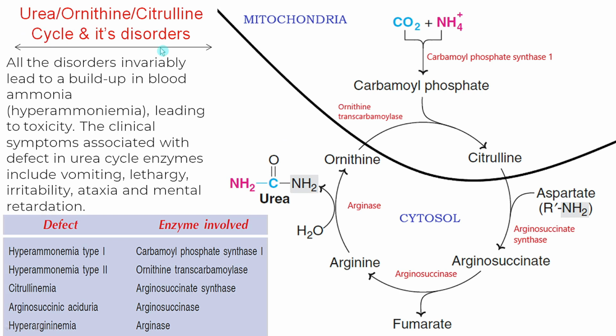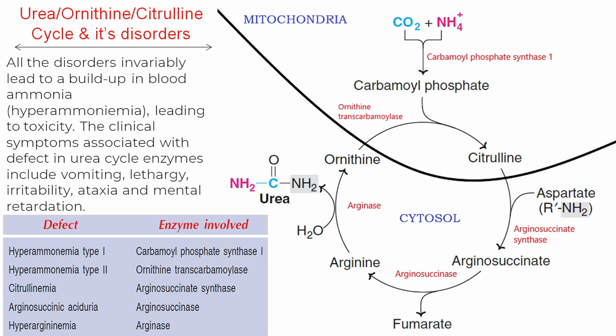If you remember, in the liver, carbon dioxide and ammonia convert into carbamoyl phosphate with the help of the enzyme carbamoyl phosphate synthetase 1. Remember, not 2. 2 is involved in pyrimidine synthesis, so here 1 is involved.